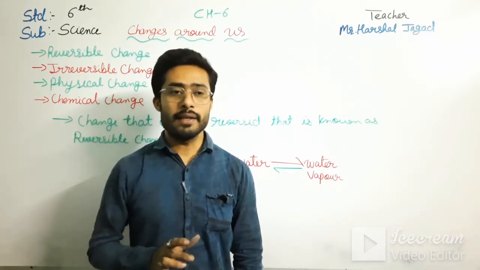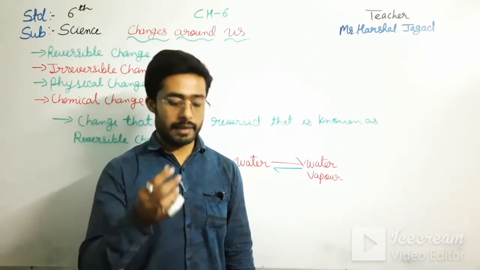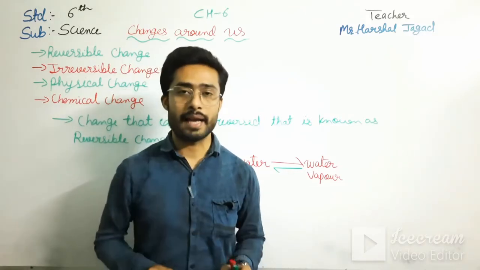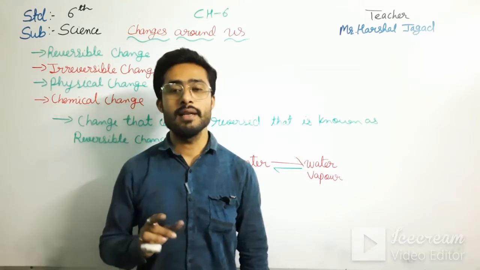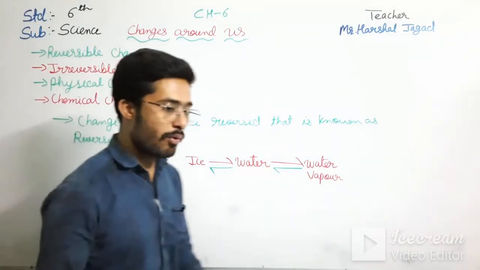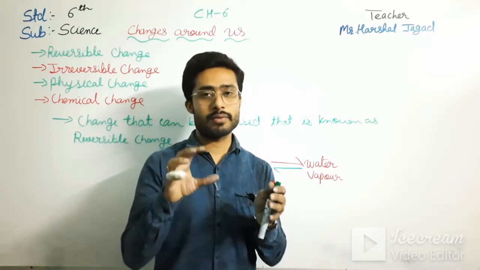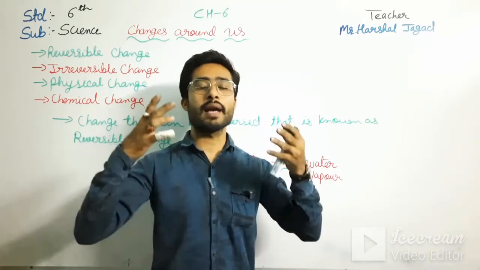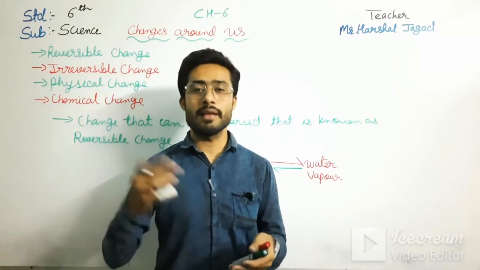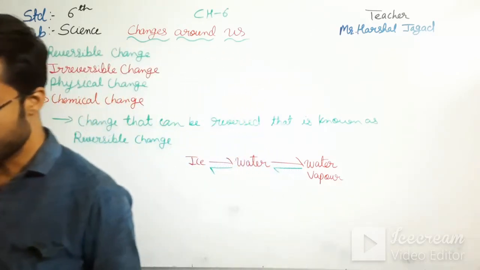And when a glassware falls on the ground, we know that it can't be fixed back, that is also an irreversible change. And then in physical change, when you were a small baby, your face was also small, and as you grow you can notice your physical body is also changing. And then chemical change we will see today.